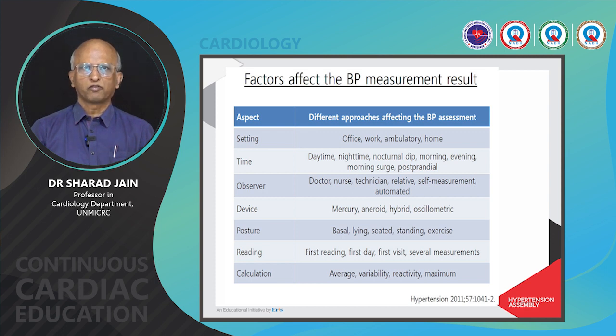The device, where various devices are available: mercury, aneroid, hybrid and oscillometric; and the posture, whether the patient is lying down, seated, standing or exercising, the reading on the first day, etc.; and the calculation, average, variability, reactivity, minimum.